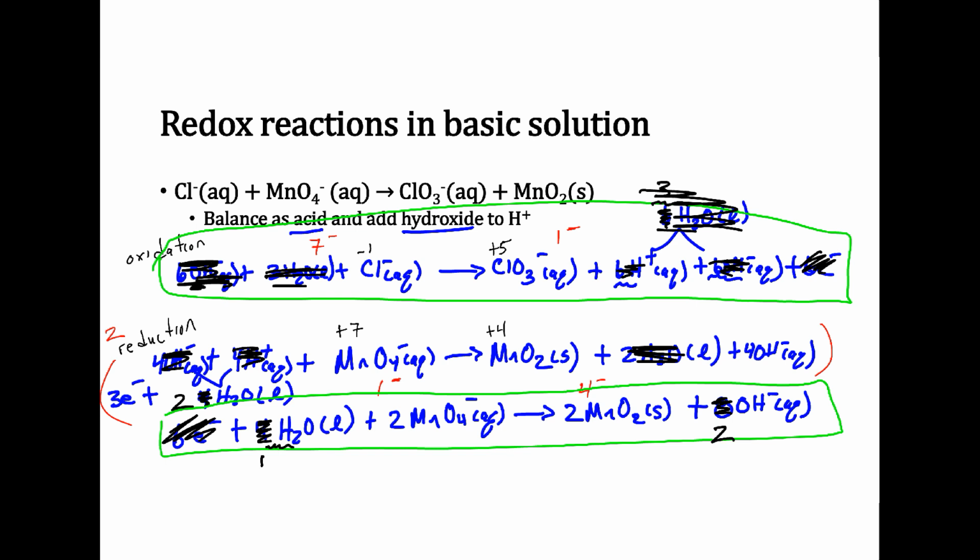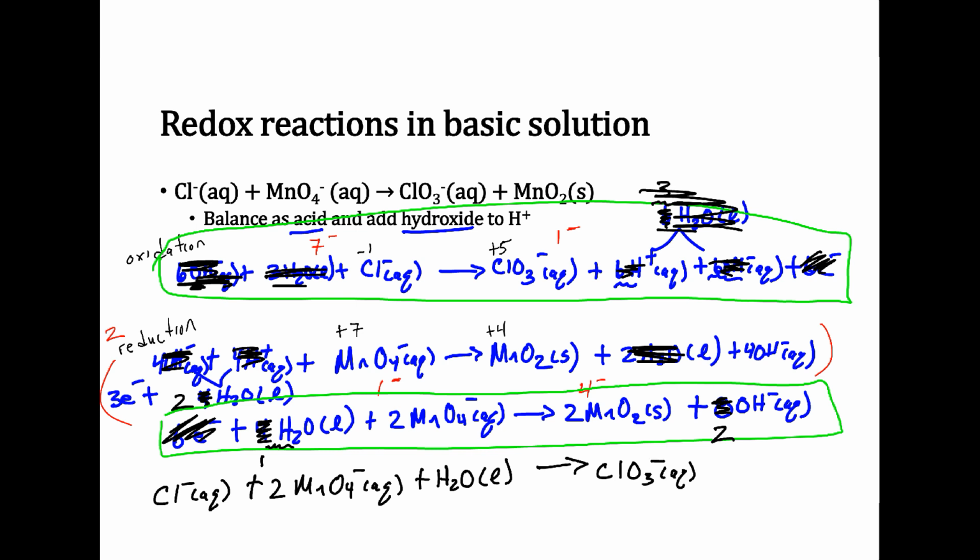So now all we have left to do is to combine these 2 reactions. So we have Cl- from the reactants in the first reaction, that oxidation reaction, plus from the reactants in the reduction reaction, we have 2 MnO4- plus H2O yields, in the products, ClO3- plus 2 MnO2 solid plus 2 hydroxides.